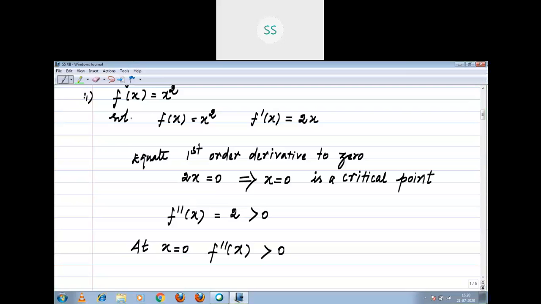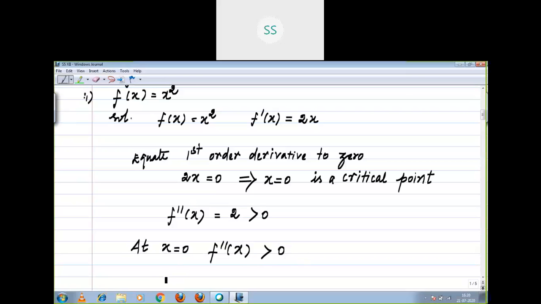If the second order derivative is greater than 0, what is your conclusion? The point is local minimum, right?